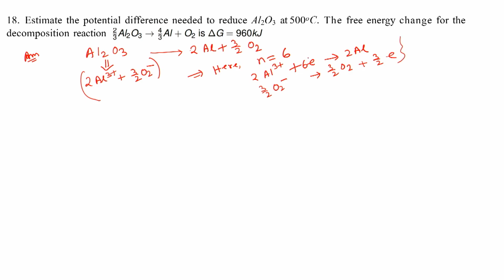So overall we get 6 electrons being transferred here. So n is 6.